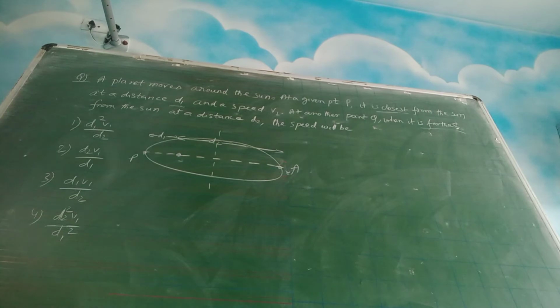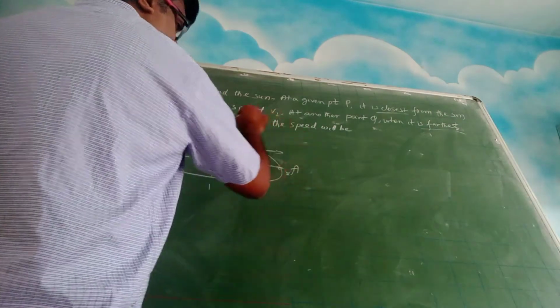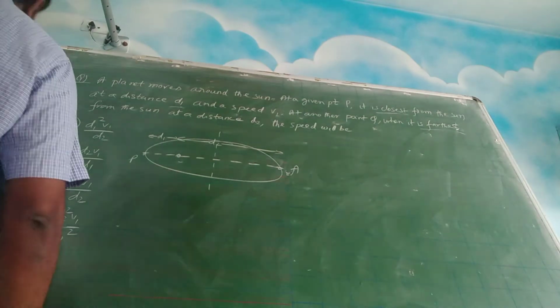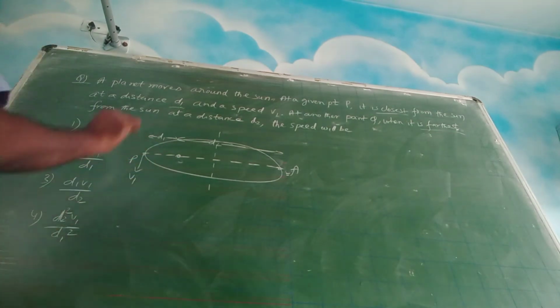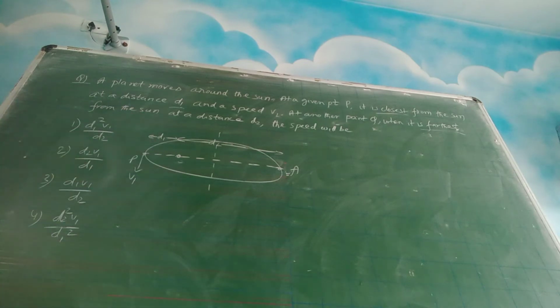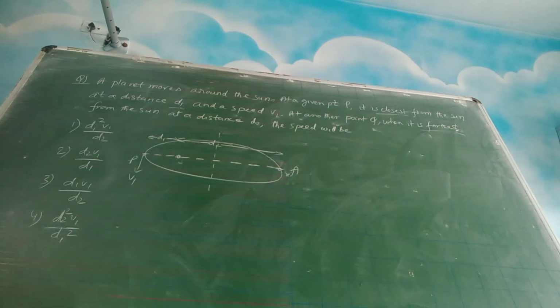And what are you supposed to find out? You have to find out the speed at this point when it is revolving around. Here the speed is given as v1. Okay. See, I told you this concept that in this case the planets are moving by themselves, under the influence of gravity, of course, gravitational force. So the angular momentum is conserved.